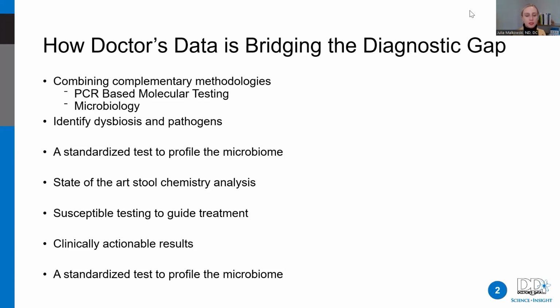Putting all these puzzle pieces together really does allow for clinically actionable results, and a standardized profile to address the microbiome. You have all of this data in one test. We're really excited to bring this to you and bridge that diagnostic gap, because previously many of these tests and methodologies would be separate, yet they are all included in GI360.